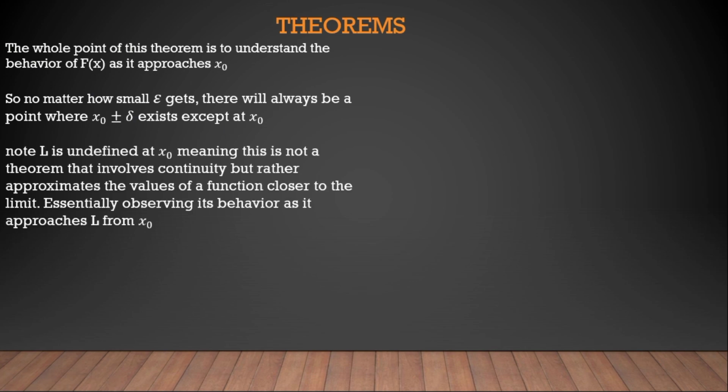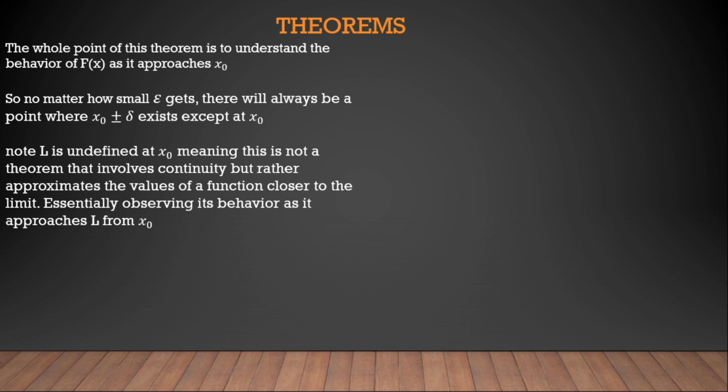Note that f is undefined at x naught, meaning this is not a theorem that involves continuity, but rather one that approximates the values of a function closer to the limit, essentially observing its behavior as it approaches L from x naught. With numerical analysis, there's a lot of approximation. We're not looking for the exact value, we are approximating.